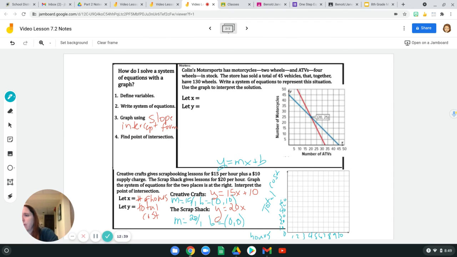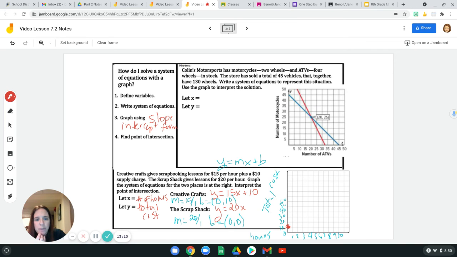Okay? All right, now my Creative Crafts, I'm going to make that line red. So my y-intercept, my total cost starts at $10. So I'm going to put a dot here on the 10 because you get charged for supplies there, which makes sense. You've got to build a scrapbook, you need supplies. Okay. And then it goes up 15 for every hour that you're there working. So from 10, if I add 15, that's 25.